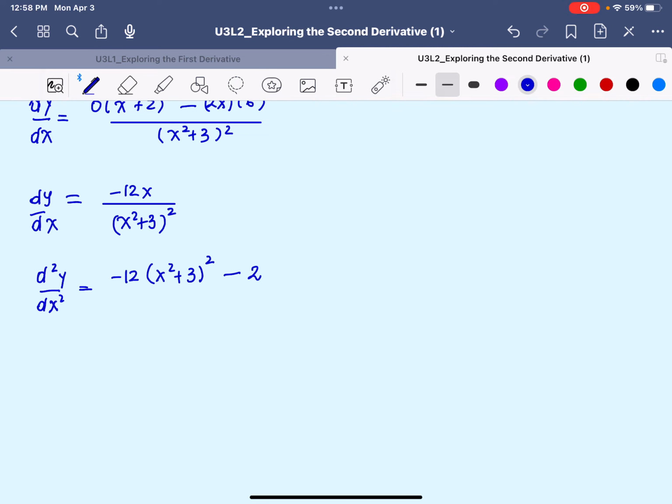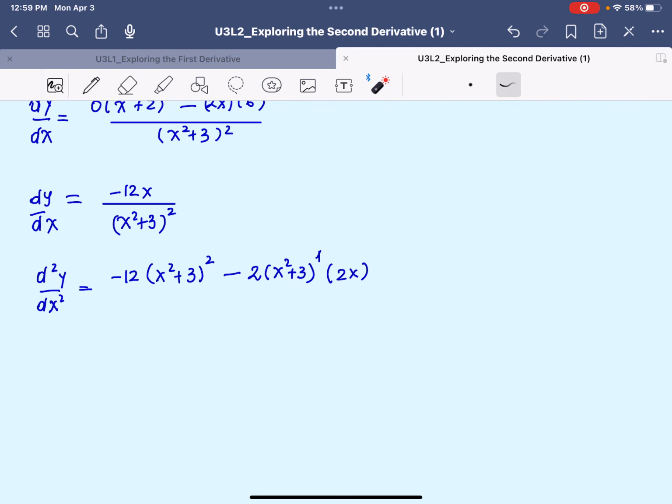So the outside derivative will be 2 times x squared plus 3. So the expression inside brackets won't change, but the power of 2 will reduce by 1. So 2 minus 1 is 1. Multiply by the derivative of the inside, which is the derivative of x squared plus 3, which is 2x. Remember, the derivative of 3 is 0.